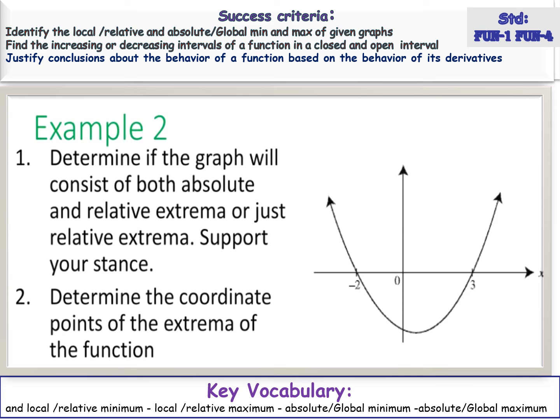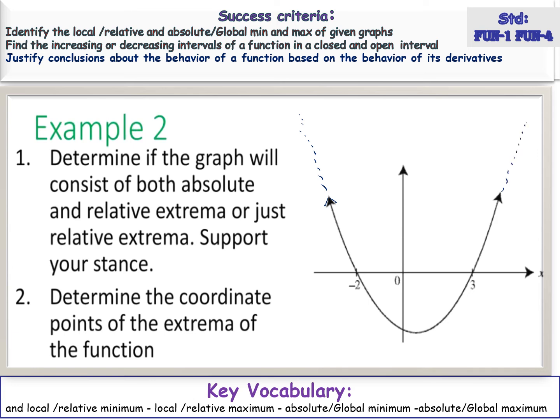Now look at the graph and determine if the graph consists of both absolute and relative extrema. So now look at this one. First of all, look at the ending points. You can say that this arrow means that the graph is ongoing. It means it's going up and up and up. It never stops. Similarly, the other side is going up and up.